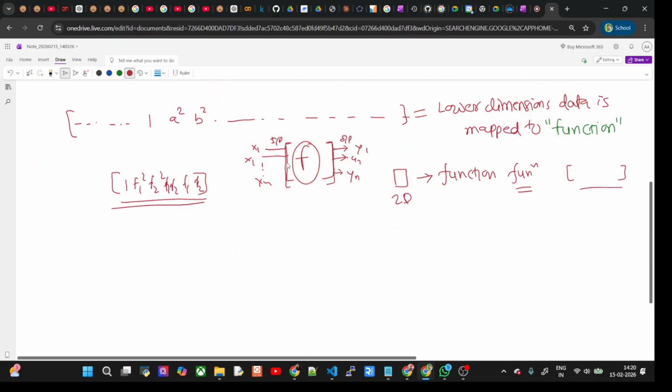Like we saw in the earlier case, we got f1 squared, f2 squared, and then we got g1 squared, g2 squared. What we are doing is some kind of summation there. Correct.